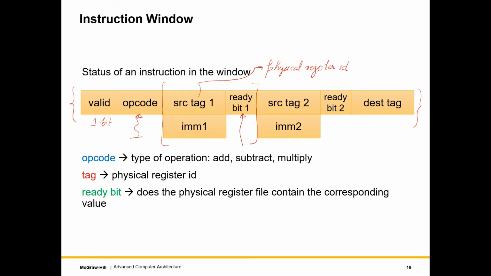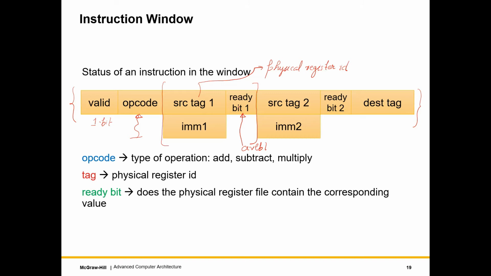The available bit that we read in the rename table is definitely related to it. How? If the operand is an immediate, then the ready bit is 1. Otherwise, the ready bit is the same as the available bit of the rename table.